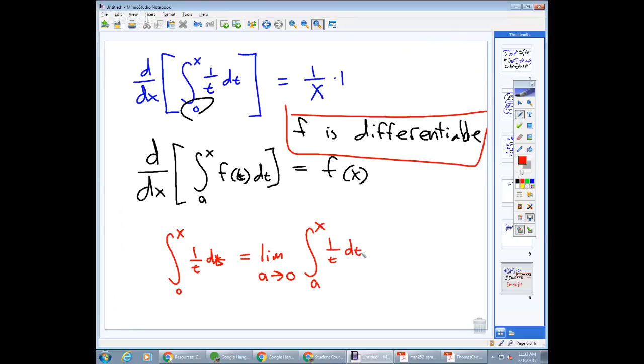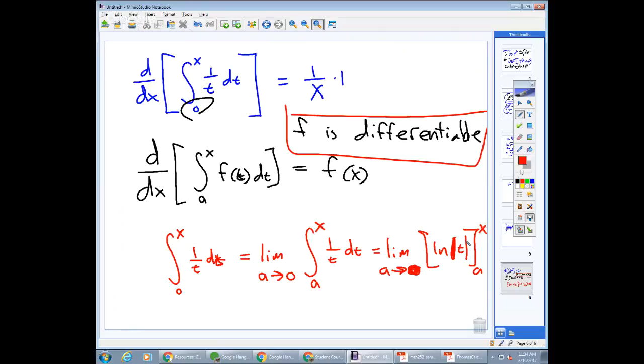Okay, what's an antiderivative for 1 over t? Natural logarithm, yeah. So this would be equal to the limit as a goes to 0 of our antiderivative, natural log of the absolute value of t, as we go from a to x. And what's the value of the natural log of 0?